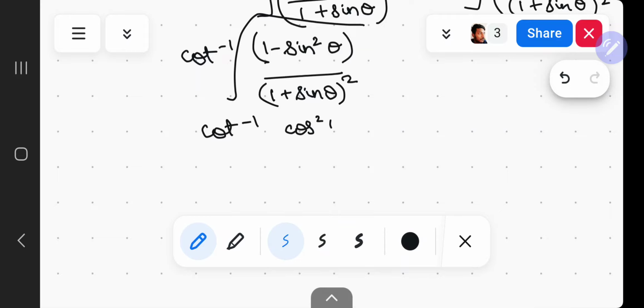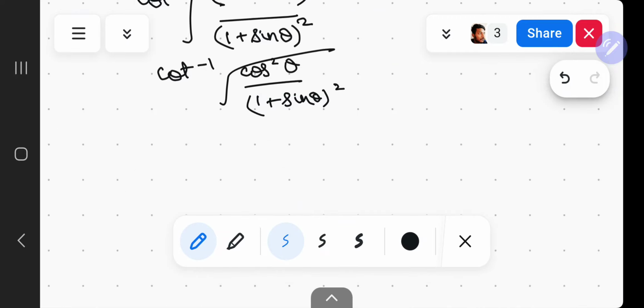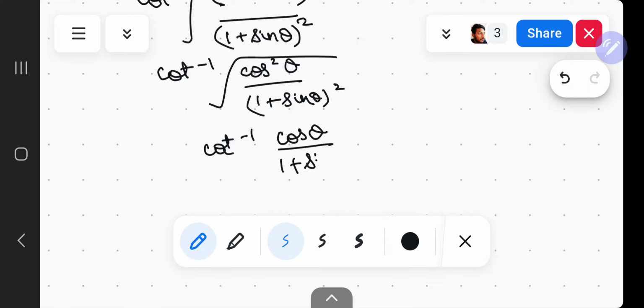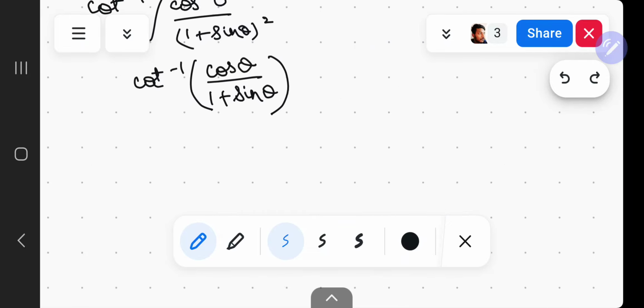So that's cot inverse cos square theta over 1 plus sine theta whole square. It's inside a root. So cot inverse cos theta over 1 plus sine theta. Okay, this has been taken out of the root. And in the previous problem, we have solved this, so I'll just make it a little fast.